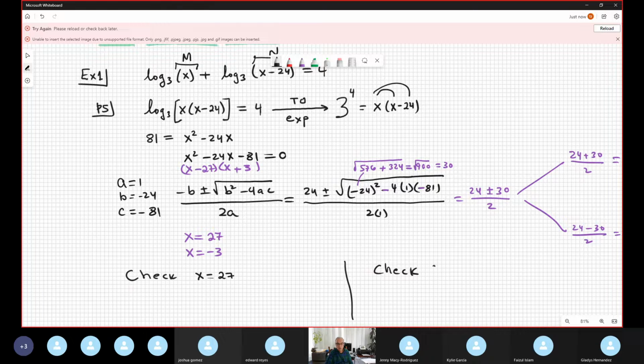Verification of minus 3. Logarithm base 3 of 27 plus logarithm base 3 of 27 minus 24 should equal 4.